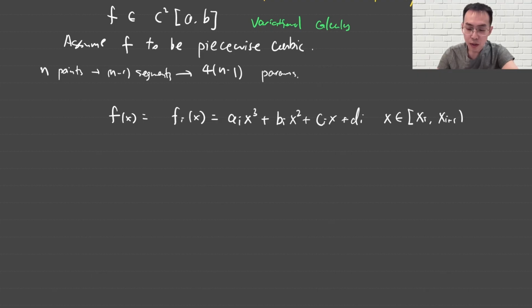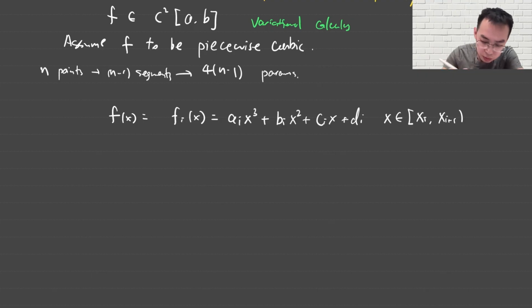Now, before solving this, we should also be mindful about the constraints of the problem, because if we just do it this way, there's no guarantee that the function is going to be continuous. We also need to make sure the first and second derivatives are continuous, as well as the boundary conditions. That doesn't change. What's changing is that now the function f doesn't have to pass through every point like the cubic spline; we have a constrained optimization problem.